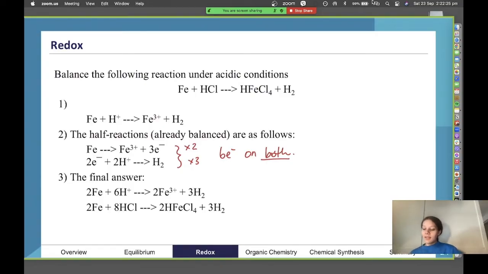Once that's done, we can combine them into our final answer and write the ions back in their complete form. So we can write the H+ again in terms of HCl and the Fe3+ in terms of the actual full HFeCl4.